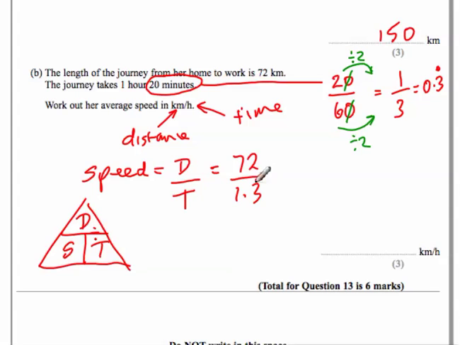So 1 hour 20 minutes is the same as 1.3 recurring hours as a decimal number. Now if I do that, I get 54. So this is 54 kilometres per hour.